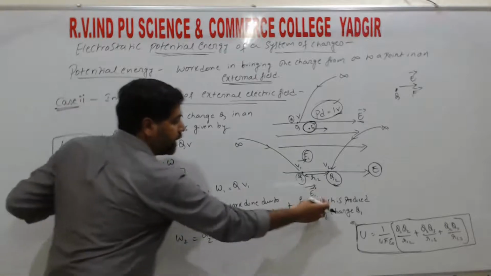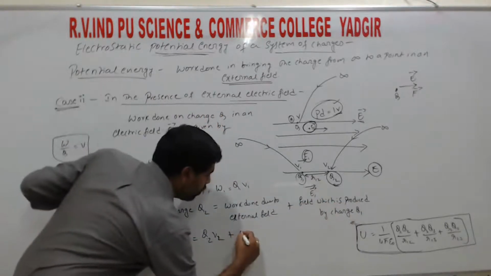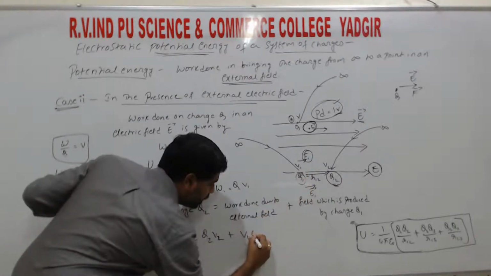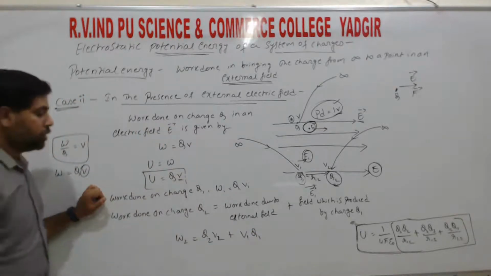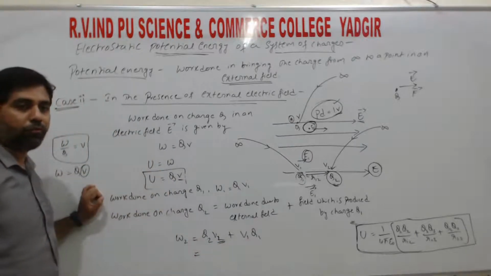Plus the potential produced by the charge Q1, so V1 into Q1, so by this we have the potential due to V2.